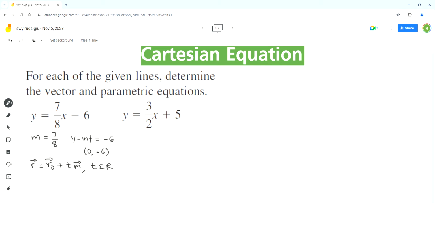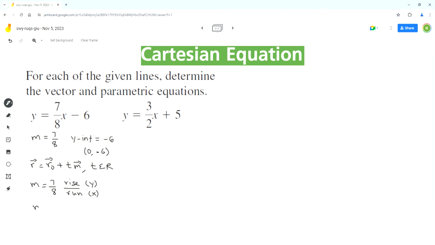Now we know that the slope of the line is 7 over 8 and the slope formula is rise over run. The rise is in the y direction, the run is in the x direction.